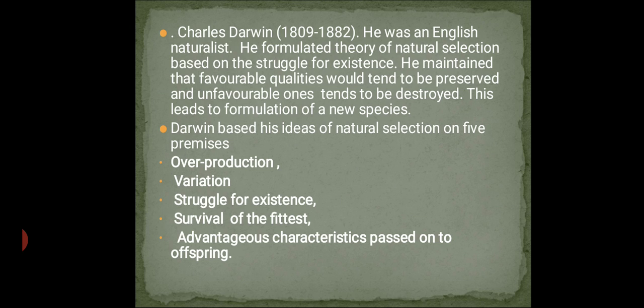The third thing is struggle for existence. Because of the limited resources in the environment, the organisms will be competing, struggling for what? Limited resources. And only the one with good adaptive features will be able to obtain plenty of these natural resources, while the one with weak features will not be able to obtain enough natural resources.